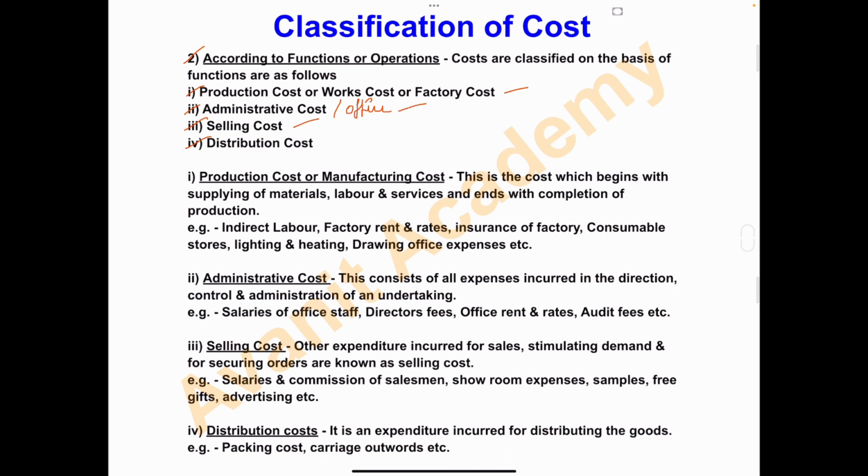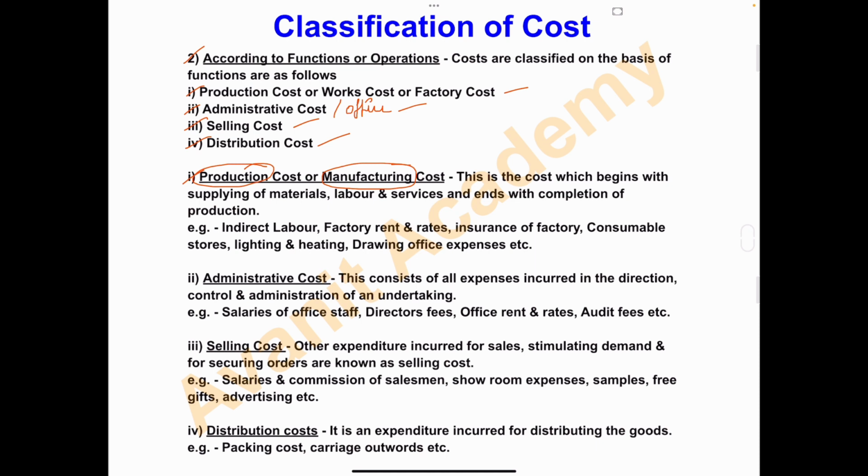Number one, production cost or manufacturing cost. By the words production and manufacturing, you will get what process is undertaken here: conversion of raw material into finished product. That is the production or manufacturing of goods, the final product.